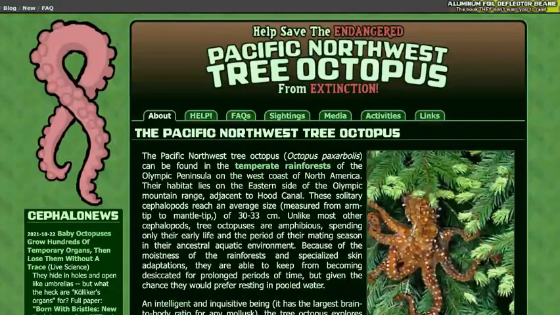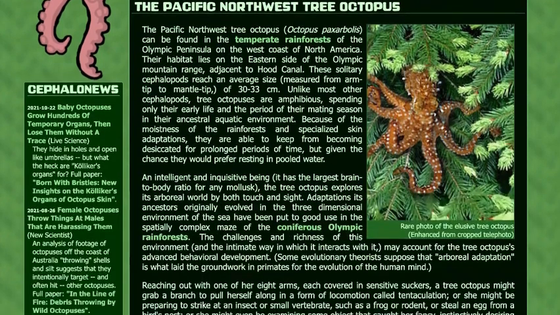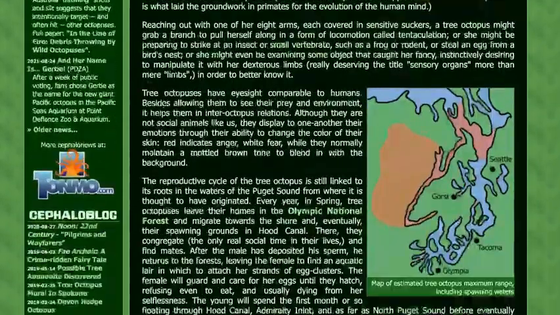Pacific Northwest tree octopus. And I'm looking at this website, and I'm seeing they can be found in temperate rainforests of the Olympic Peninsula, so that's in Washington, on the west coast of North America. And I'm looking at their website.